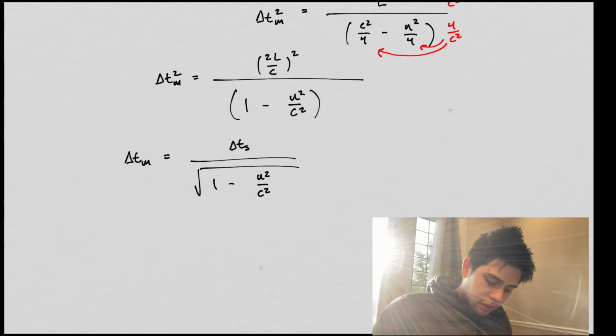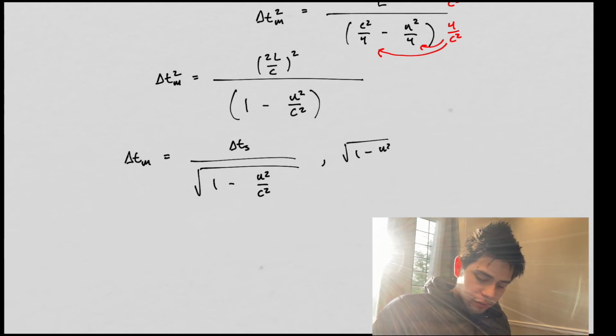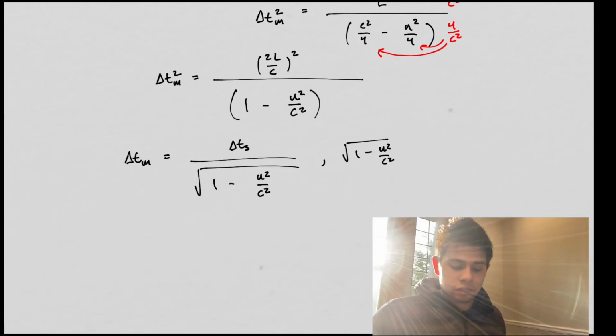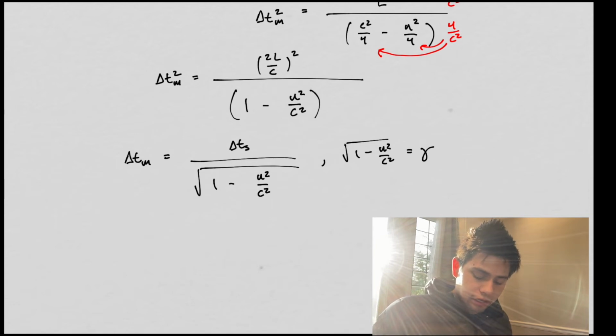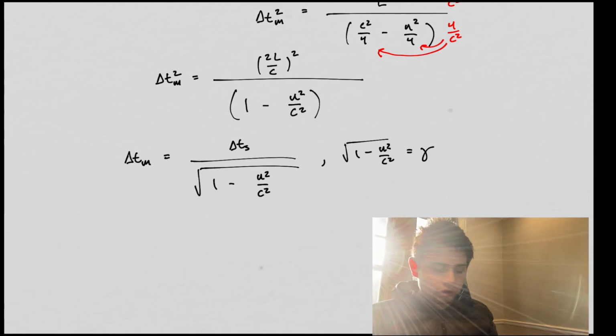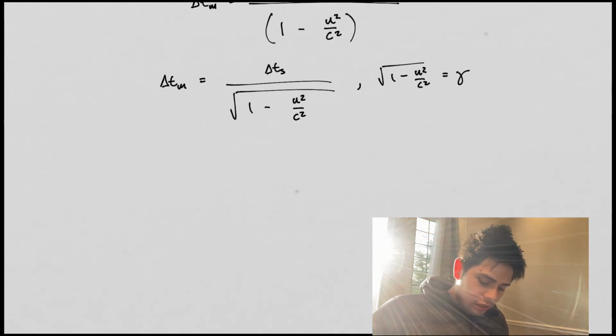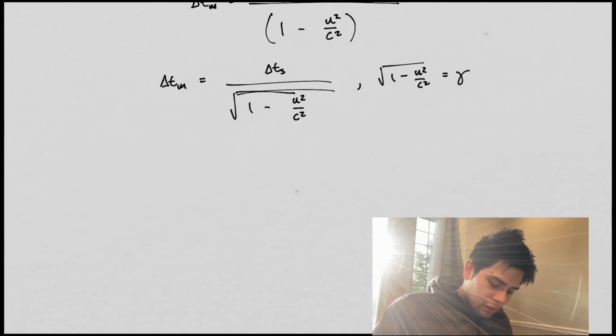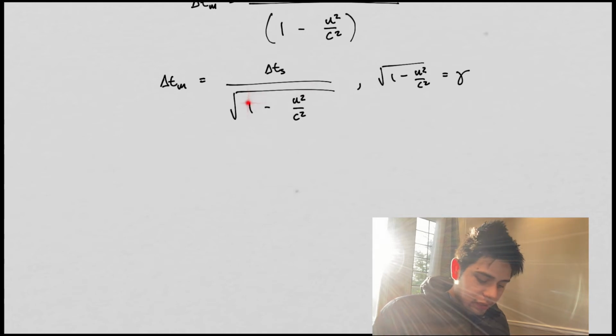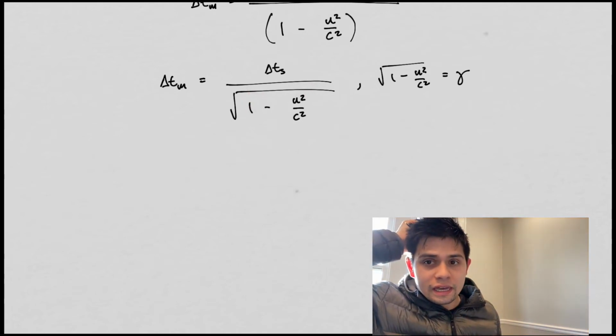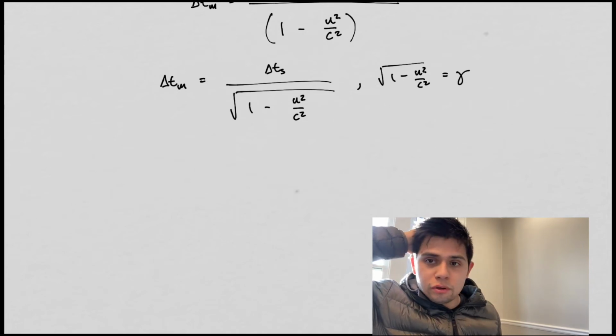Oftentimes we'll see the denominator here, this square root of 1 minus u squared over c squared, show up a bunch. We're going to call that gamma. And we can imagine what our gamma would look like in the case when u approaches c, right?